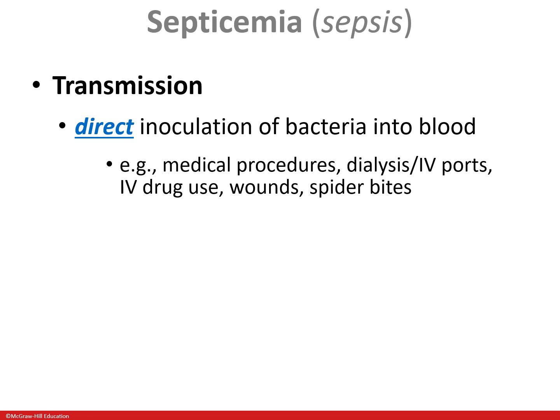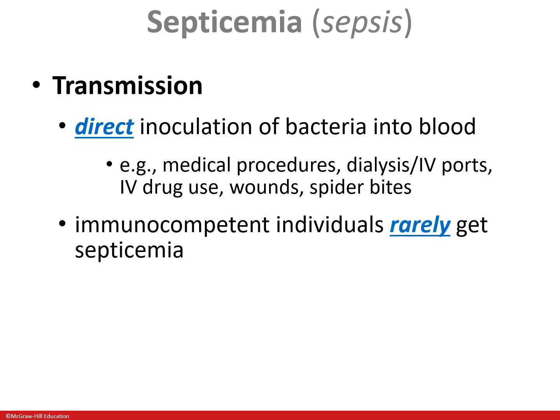So many times sepsis is associated with nosocomial infections because medical procedures are invasive. But anything that bypasses the skin, so think IV drug use, any kind of wound or insect bite. And so quite a few organisms are transmitted through tick bites and mosquitoes and biting vectors.